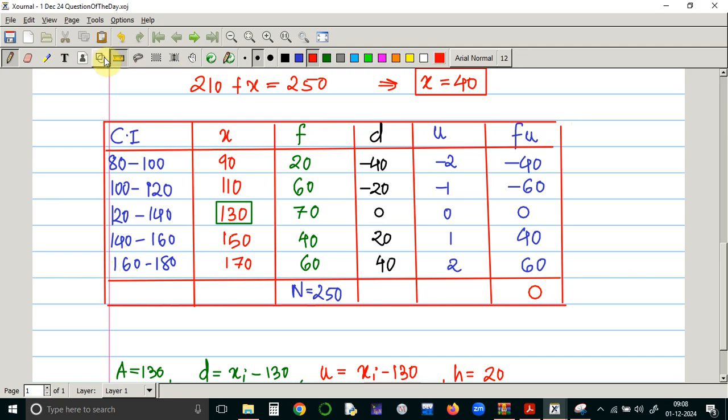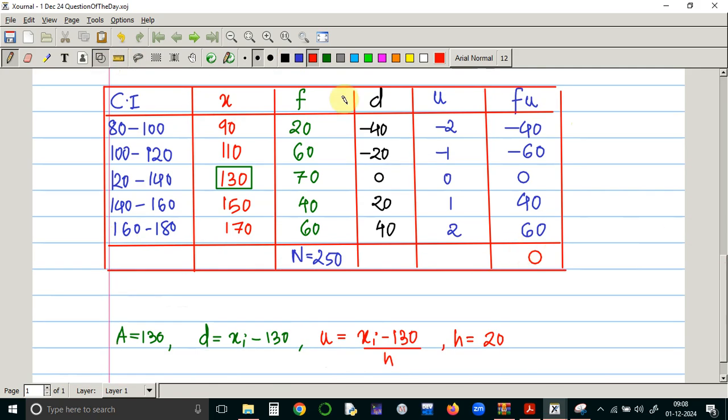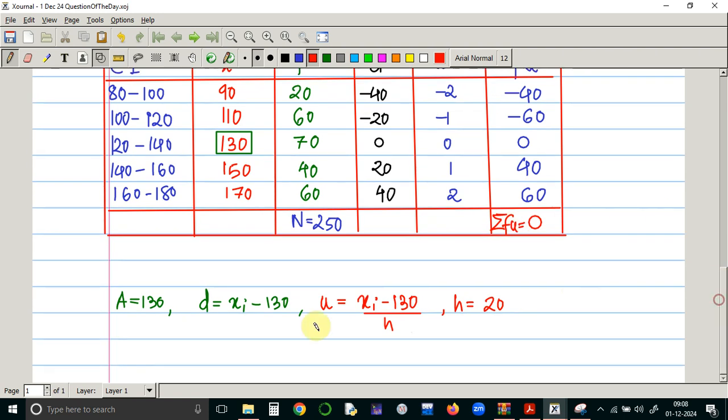The only columns that I need to add are the frequency and the f into u columns. So this is my summation of fu, which comes to 0.